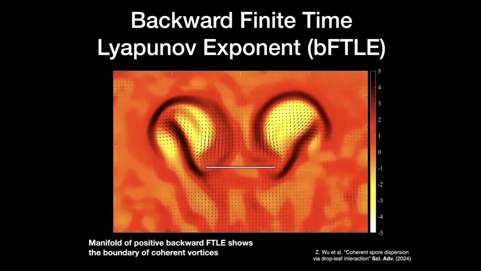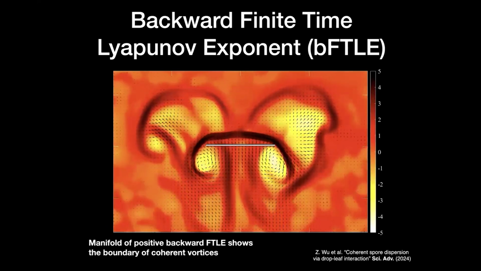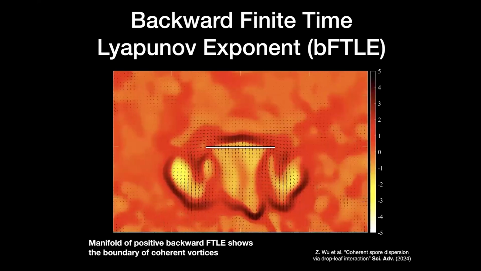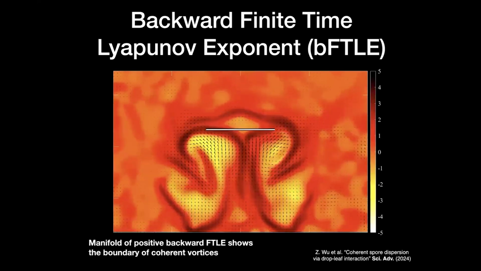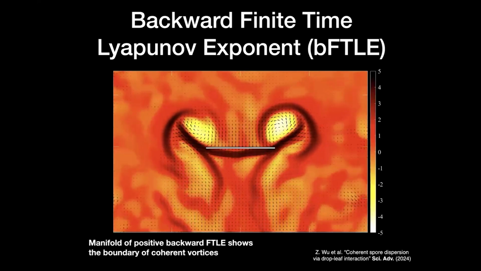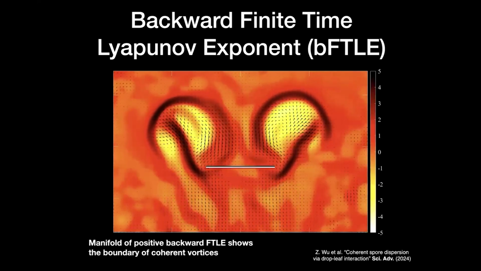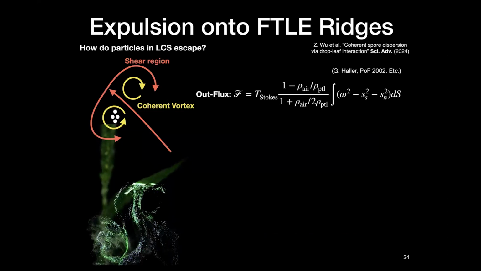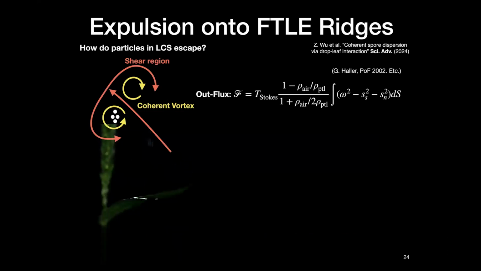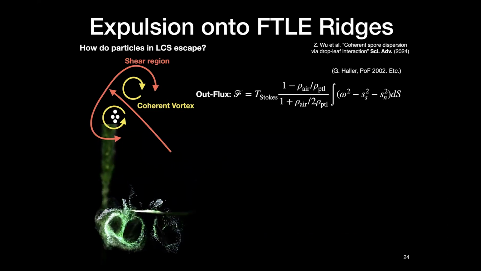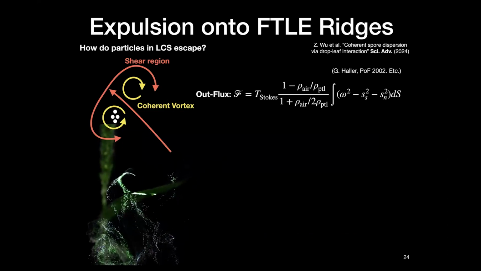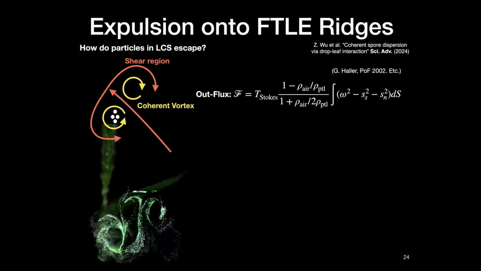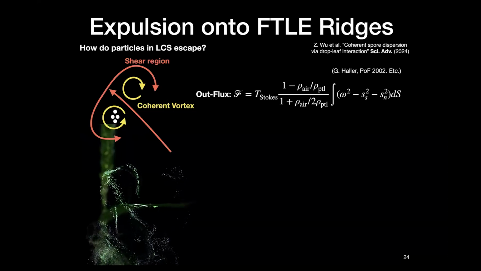This red line has a high value of the backward Lyapunov exponent, which means the unstable manifold is drawn up here. As I showed in this video earlier, you're going to see nice vortices shedding, or vortex dipoles forming, and you're going to see most of the particles accumulating on the edge of this mushroom shape, which is where the unstable manifold is formed.